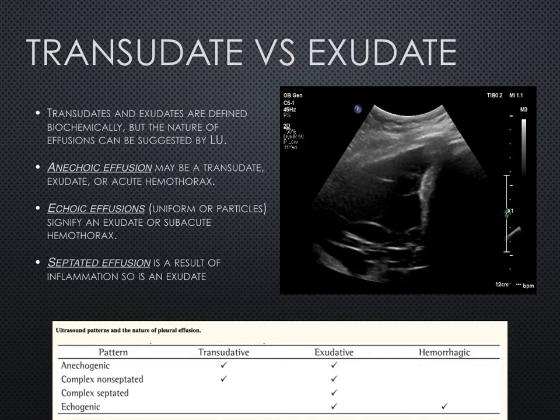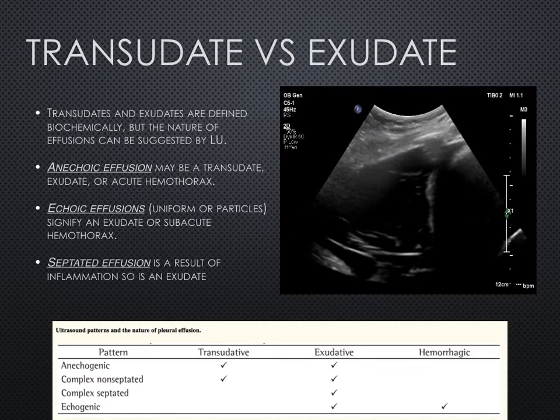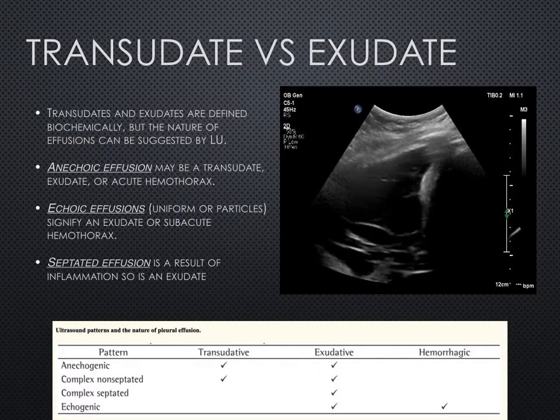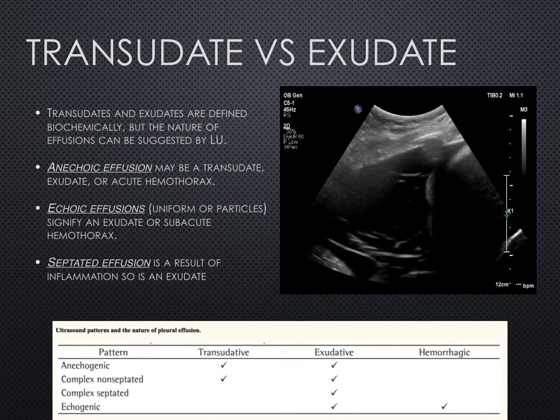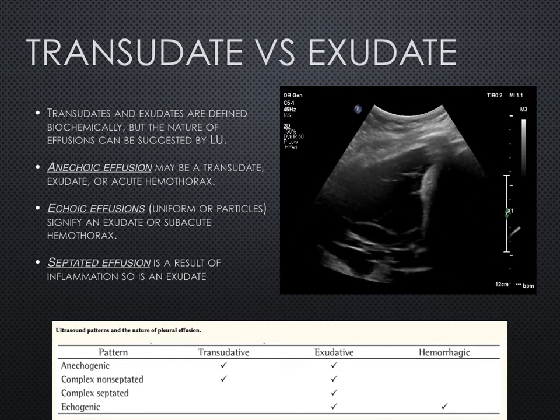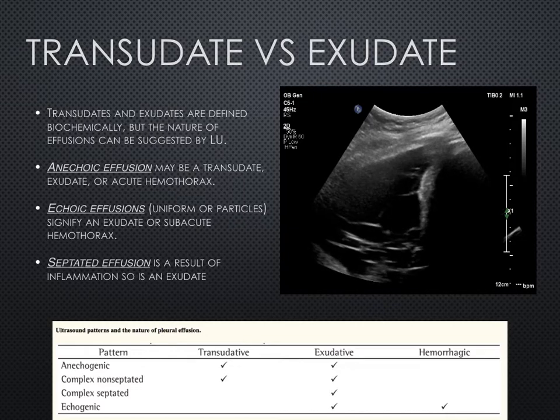Or it has been there for a longer period of time, so it's allowed those proteins to develop and to form into a denser type of fluid that's going to be a lot more difficult to drain if you needed to do that.